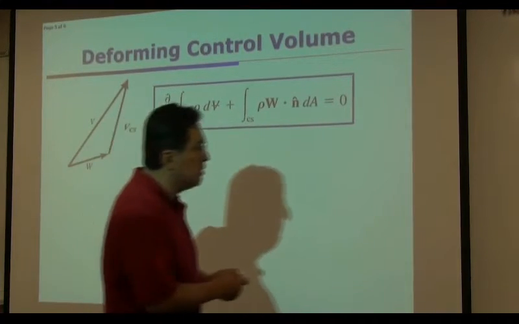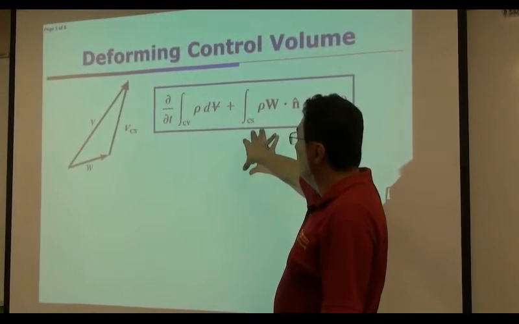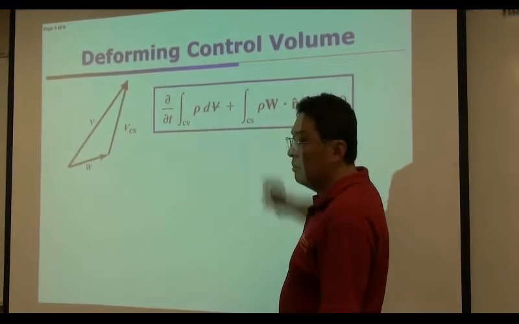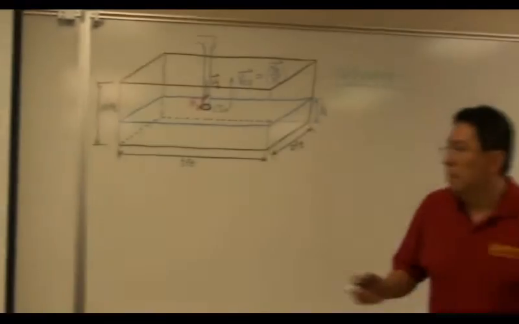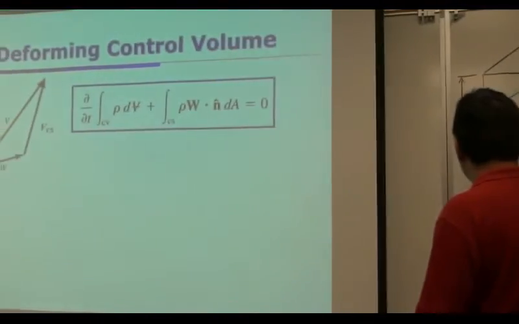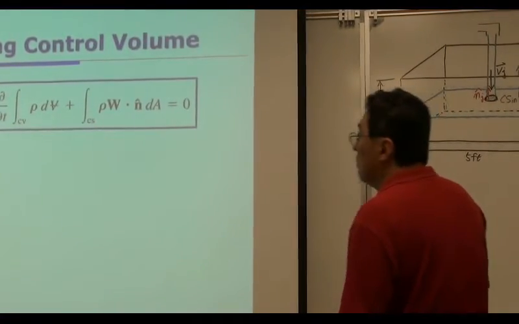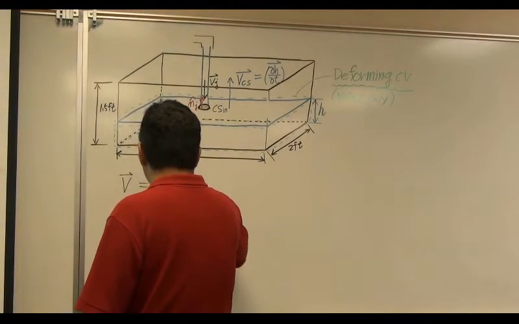Okay? So we have to redefine our continuity equation in terms of relative velocity W. Now obviously, velocity V is equal to W plus VCS.